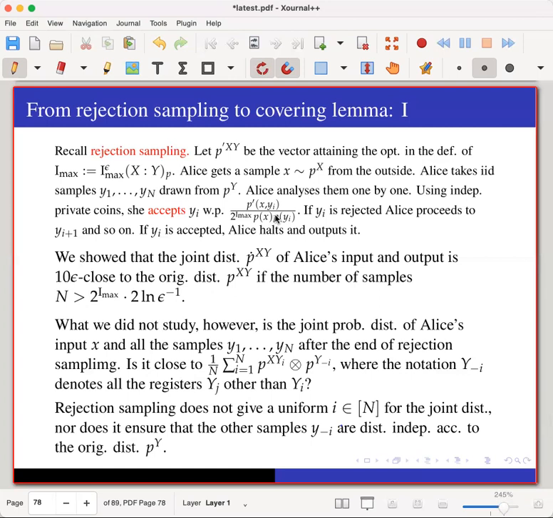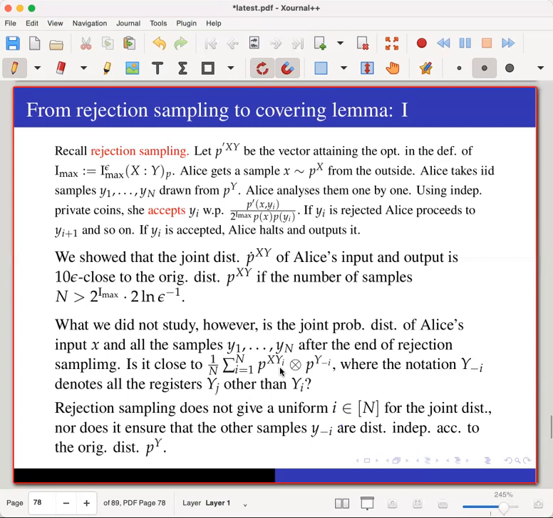Okay. And now the question is, is there some procedure which will convert this n plus 1 fold independent distribution into something which looks like this? Shankar sort of jumped the gun, which you'll see in the next slide. So what is this?